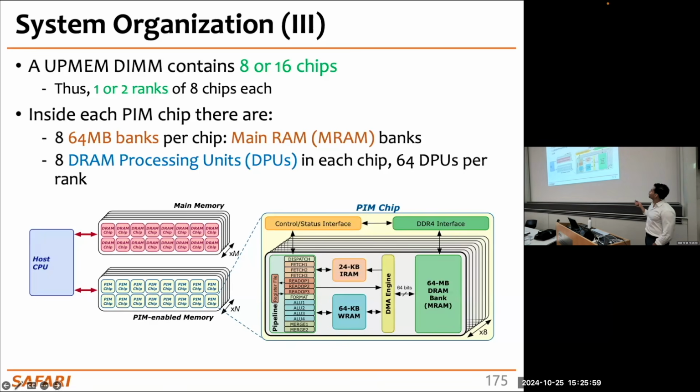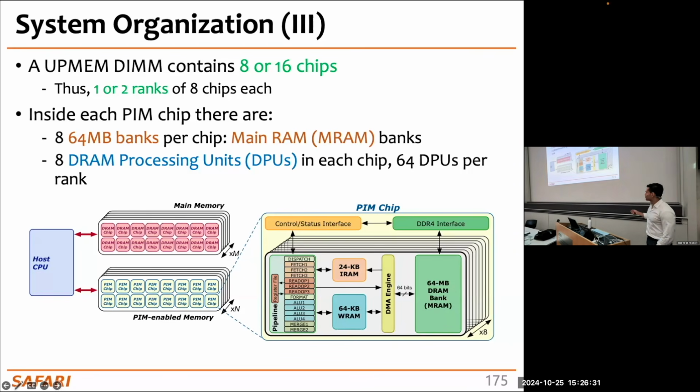So you have 64 DPUs per DRAM bank. And inside the DPU, you're also going to have some instruction RAM that stores the instruction sequence that the core is going to execute, and the working RAM, which is some SRAM memory that is going to store the data that the pipeline is going to operate on top of.